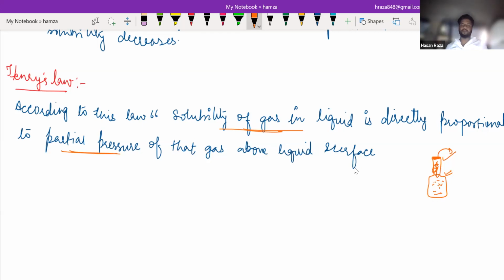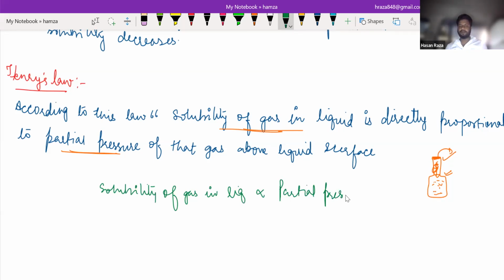They are directly proportional. So I'm going to write it in another form: solubility of gas in liquid is directly proportional to partial pressure of gas above liquid surface.